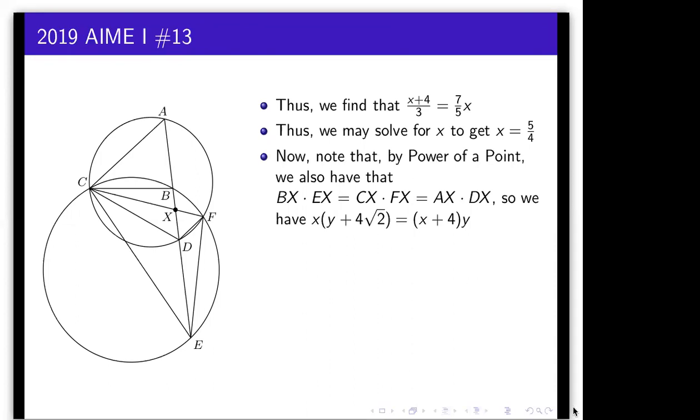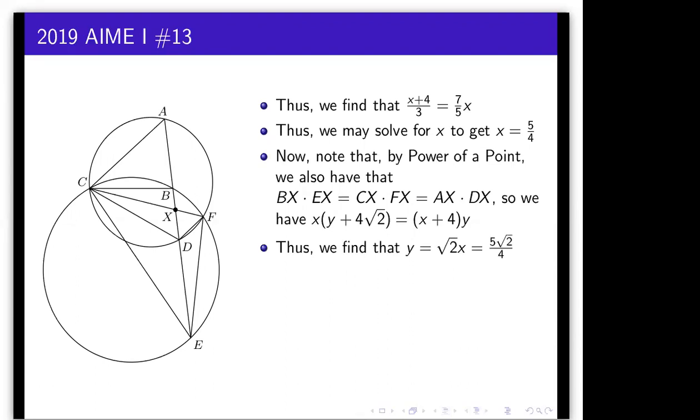You can get an equation where you see that CX times FX is equal to both AX times DX and BX times EX. And then you can calculate both of those in terms of x and y.